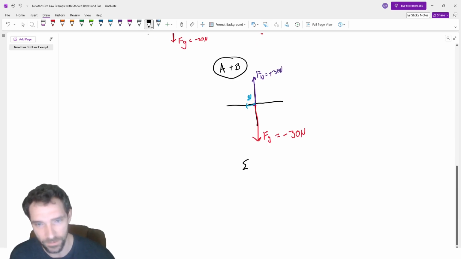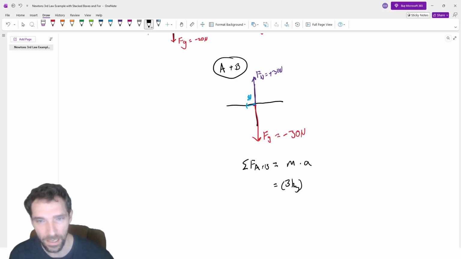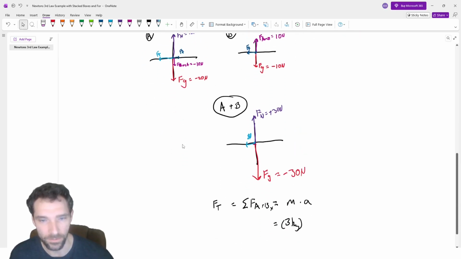So the sum of forces of A plus B is equal to its mass times the acceleration that it's experiencing. Because we have 3 kilograms total between those two boxes, and the sum of forces in the x direction here is just one force. It's just the force of the tension of this rope that we labeled in this light blue.